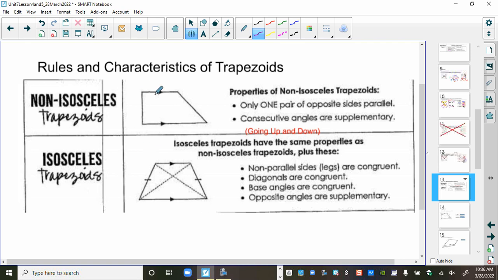If your trapezoid looks like this, then it's going to be more likely side to side. But most of them are going to look like this. Like these two angles would be supplementary. We went up and down. But obviously with these two, you're going to see that they're both right angles. Here, similar.